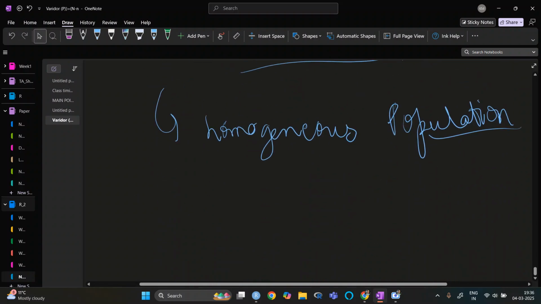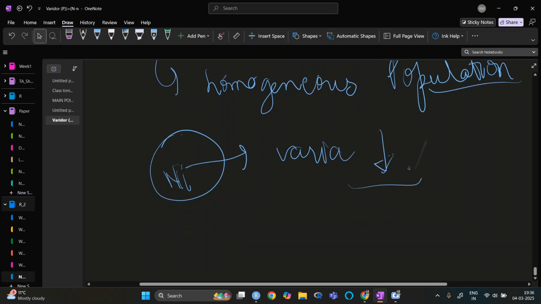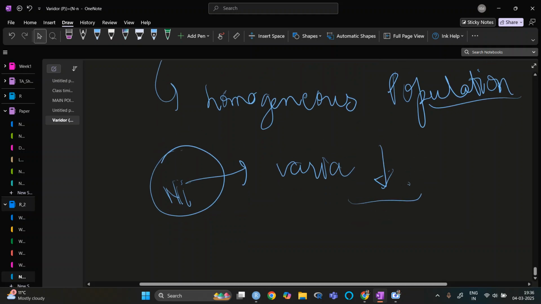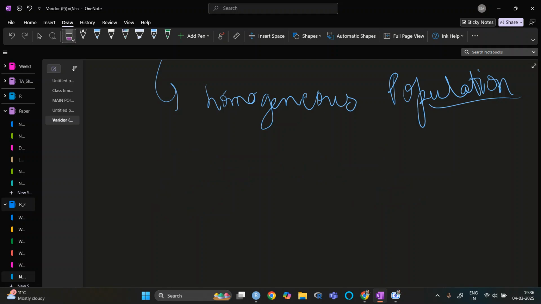So if I am taking a homogeneous population inside one strata, the variability will be small. If I am taking a heterogeneous population, let's say rather than dividing into 10 parts, I have divided into 3 parts because I did not want to do too much calculation. What will happen inside one part?